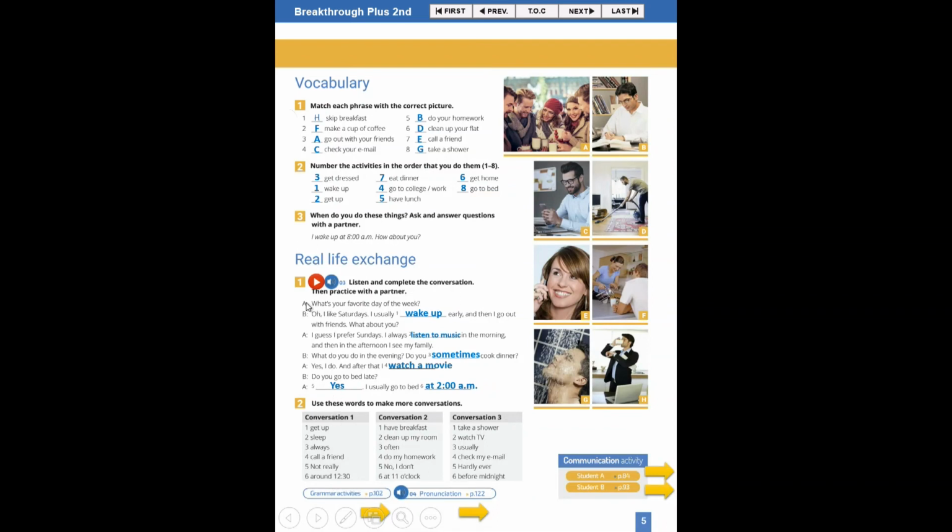Your partner can start with A, or you can be A and your partner be B, using the examples for conversation one. Then I'd like you to change roles. Maybe your partner is A and you will be B, and use conversation two. And try again, change roles again. Conversation three, put in those examples over here.